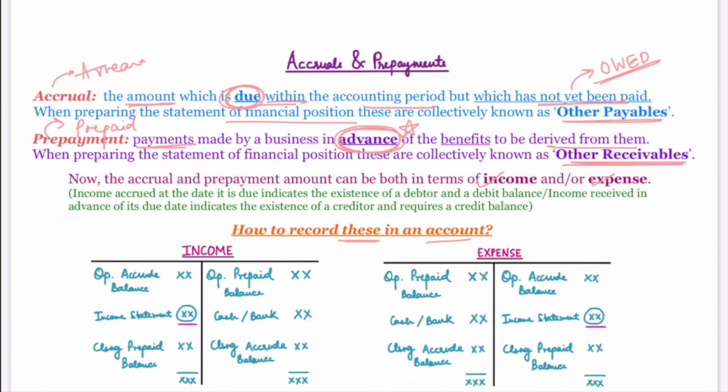One good news is that the debit side of the income account has the same format as the credit side of the expense account, and the credit side of the income account is the copy of the debit side of the expense account.